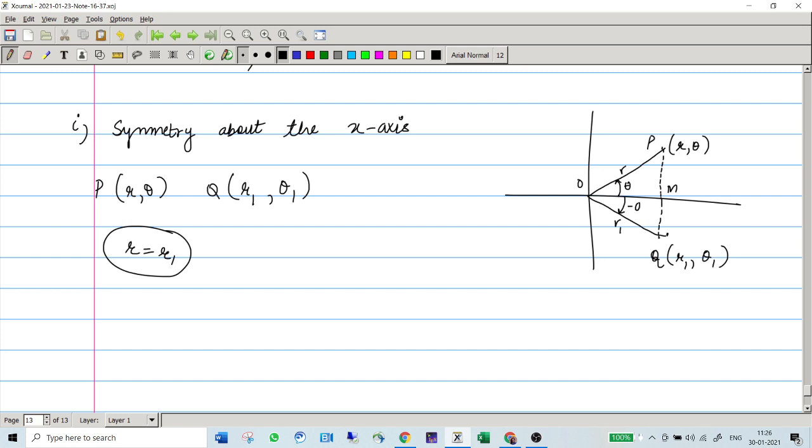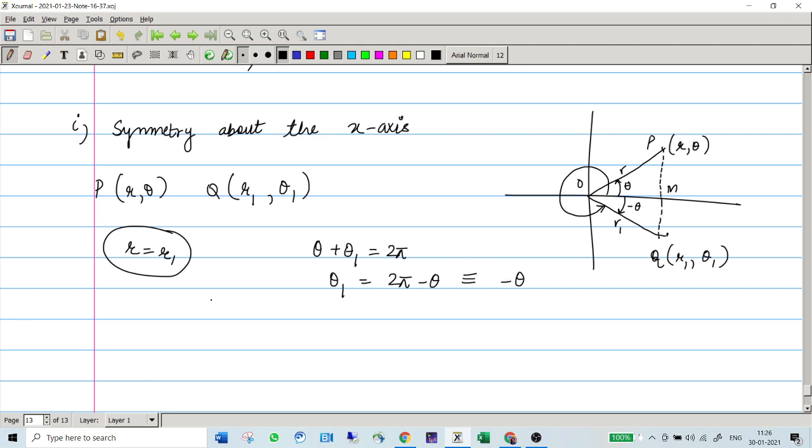So theta 1 should be related with theta in what sense? It should be like theta and theta 1 are going to complete a circle, or you can say that theta 1 is equal to 2 pi minus theta. You can also write this as almost the same as minus theta.